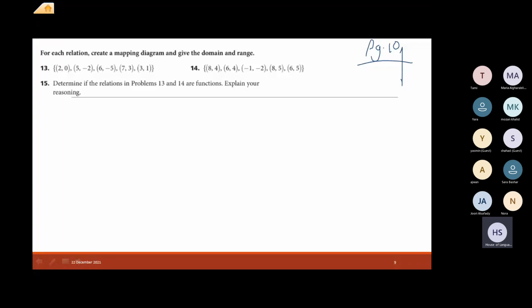No, you have to write in your copy book. It's good. You solved it now. Number 12, 13 and 15. Find the domain, find the range, draw the mapping diagram, and determine if it is a function or not.